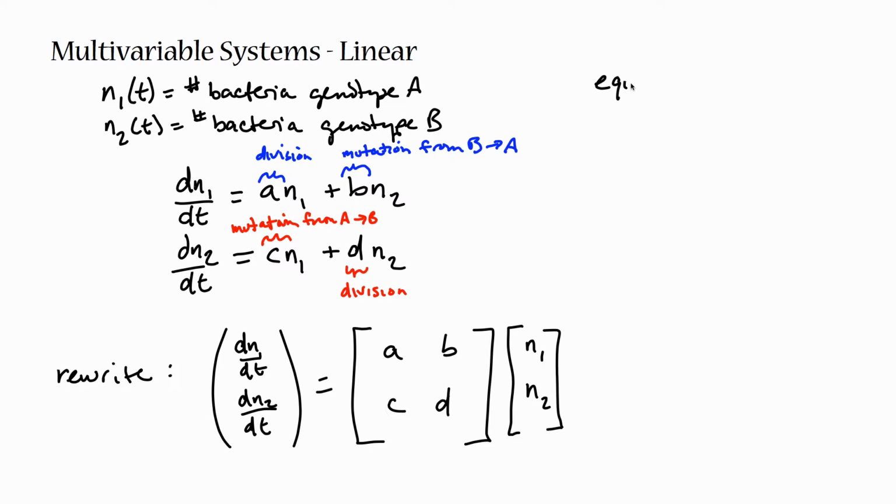So to actually find the equilibria, you can either use matrix magic to find it, or we just know that we need to find the points where dN1 by dt is equal to 0, and dN2 by dt is also 0. And they both have to be 0 for the joint equilibrium to exist.